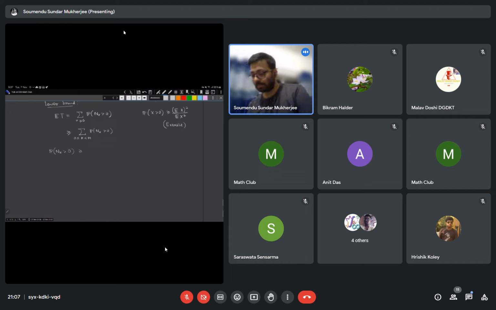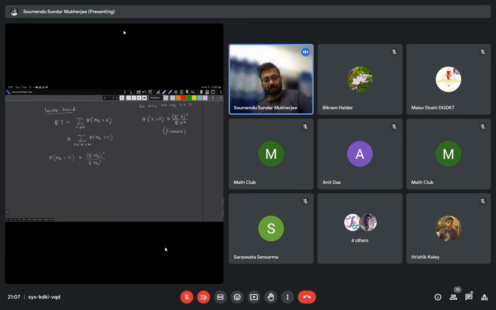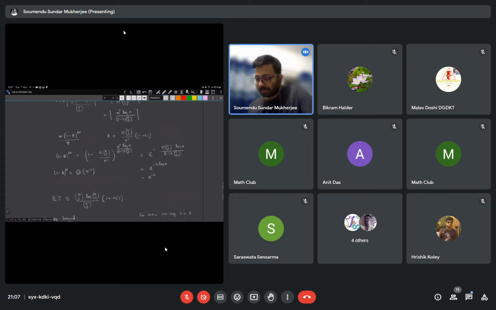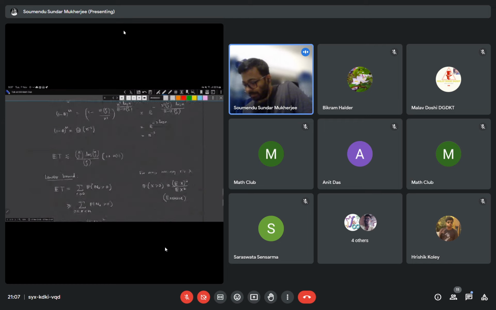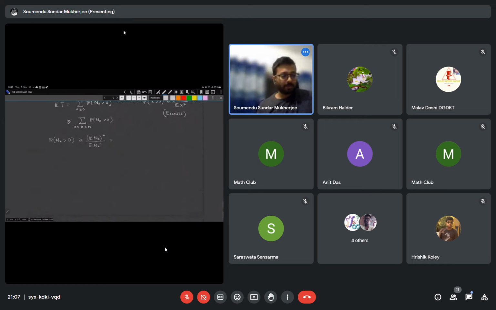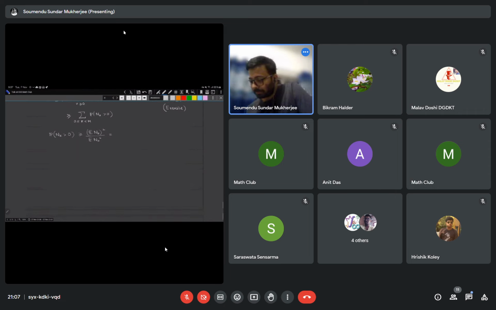So this is the expectation of N_k, squared, divided by the expectation of N_k squared. We need to calculate the expectation of N_k squared. N_k is a sum of indicators, so we have to estimate this.